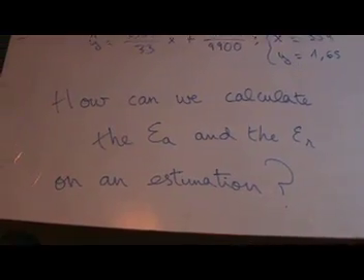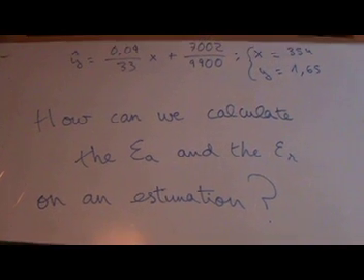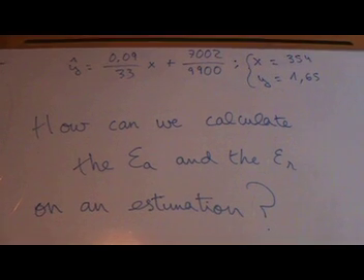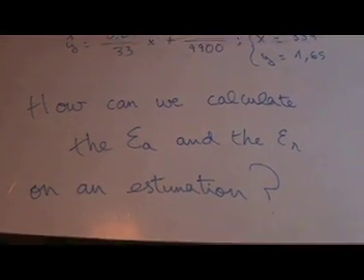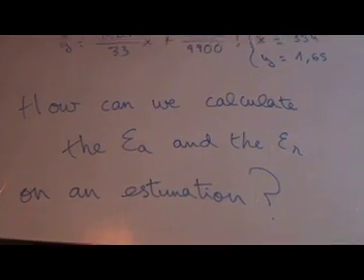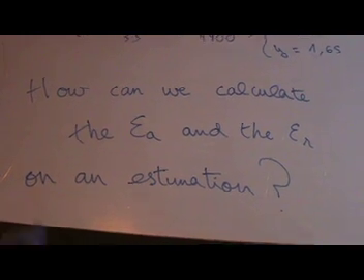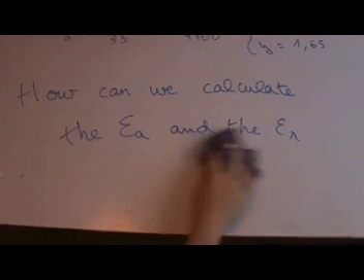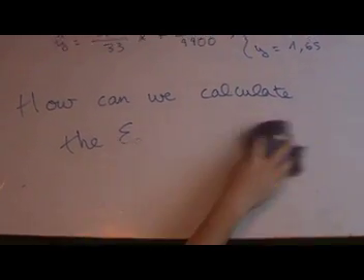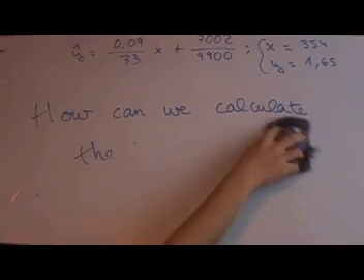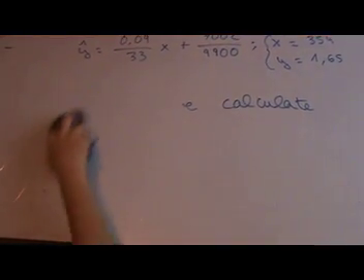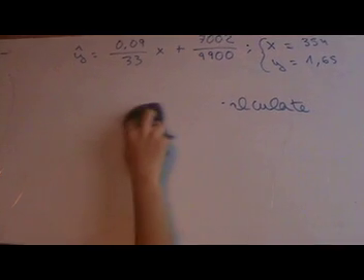How can we calculate the absolute and relative error of an estimation? First of all, we need to know the real values of a Guanche's height and the length of his or her tibia. Let's suppose that a Guanche's height is 1.65 meters and the length of his tibia is 354 millimeters.